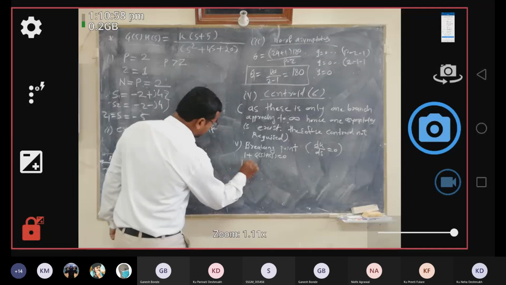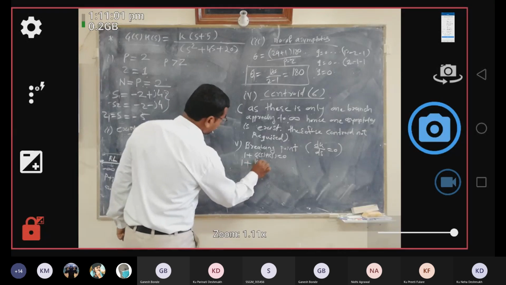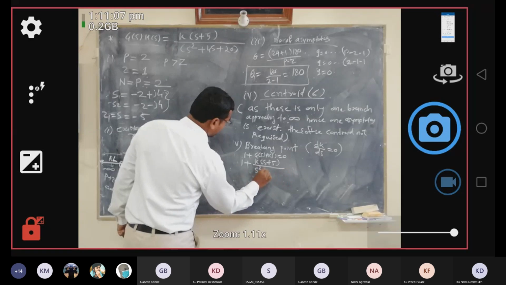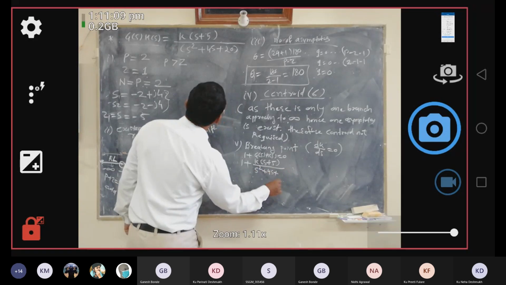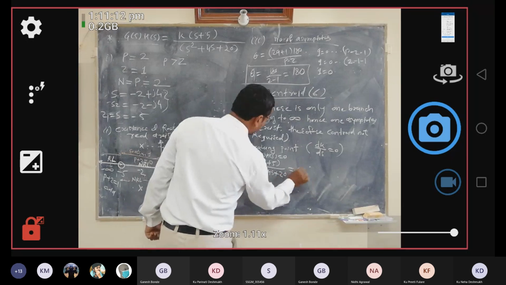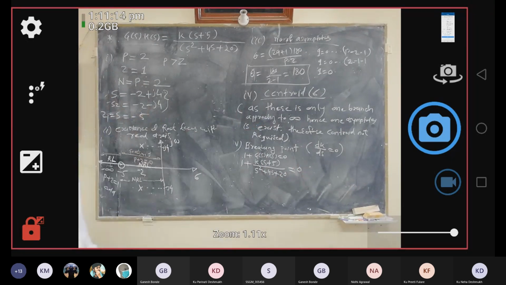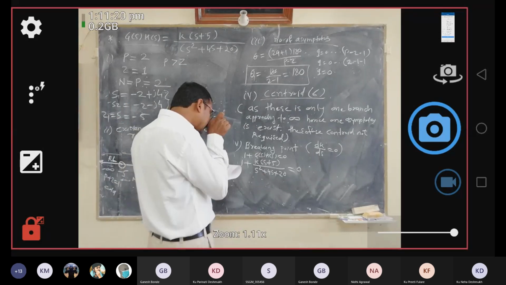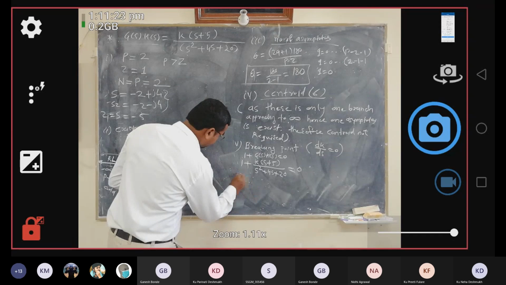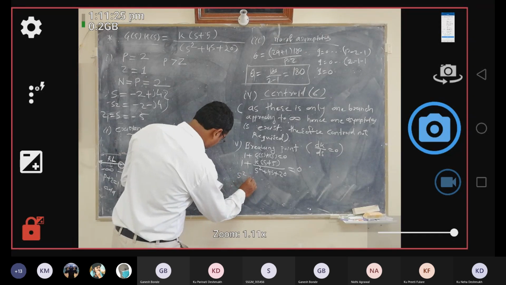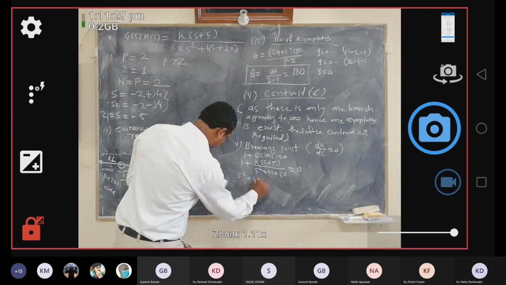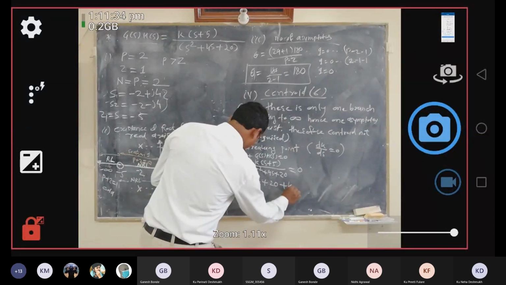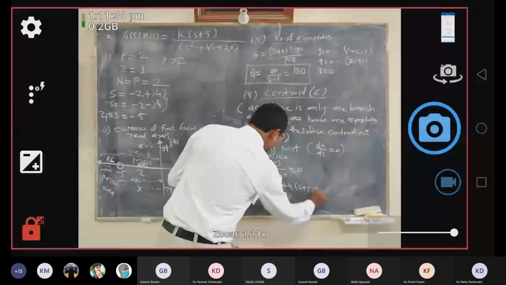So 1 plus K into (s plus 5) upon (s square plus 4s plus 20), which is equal to 0. You can simplify this. So I have already simplified it. It is s square plus 4s plus 20 plus K into (s plus 5), which is equal to 0.